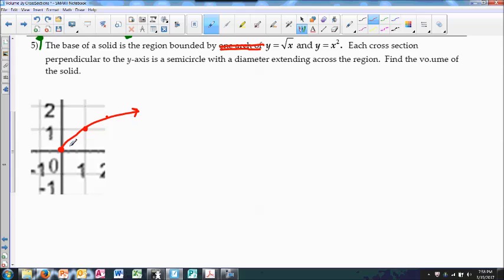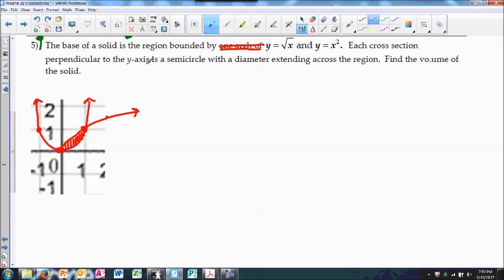Y equals x squared: 0 is 0, 1 is 1, -1 is 1. And we can do our parabolic shape. And really, without having to set the two functions equal, just based off graphing, we could find a very accurate intersection of 0 and 1 that we're 100% certain are true because we actually evaluated those points.